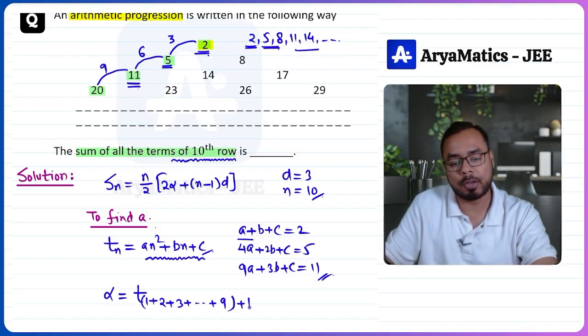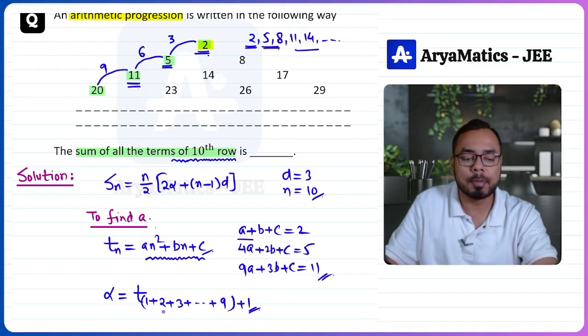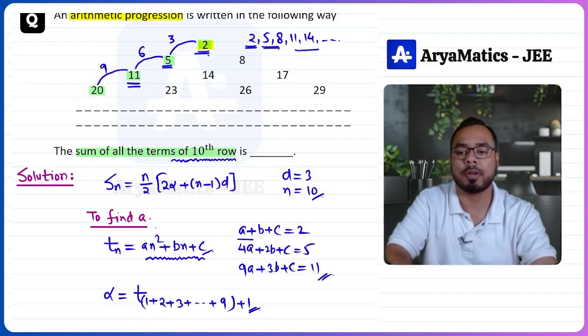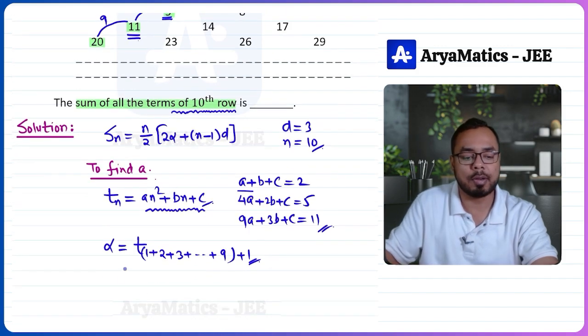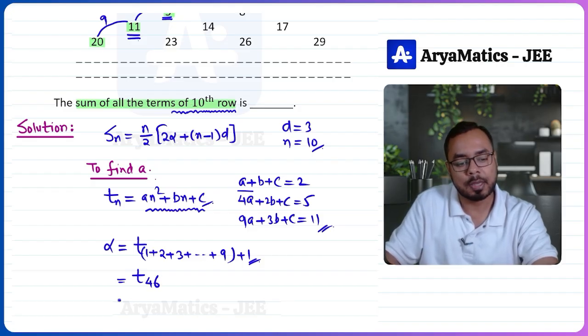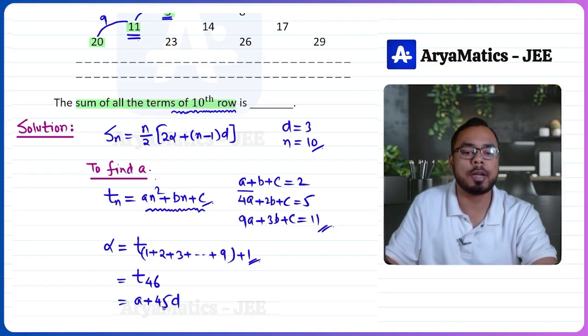So the first element of the 10th row will be nothing but this particular term of this AP 2, 5, 8 and so on. If you calculate this number, it is 9 into 10 by 2, which is 45, plus 1, so 46. And T46 will be a plus 45 into d.